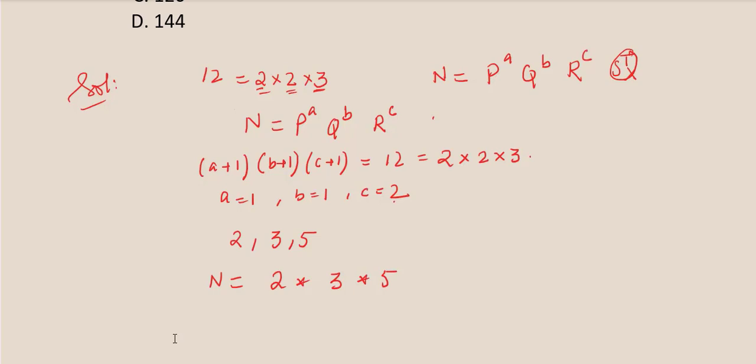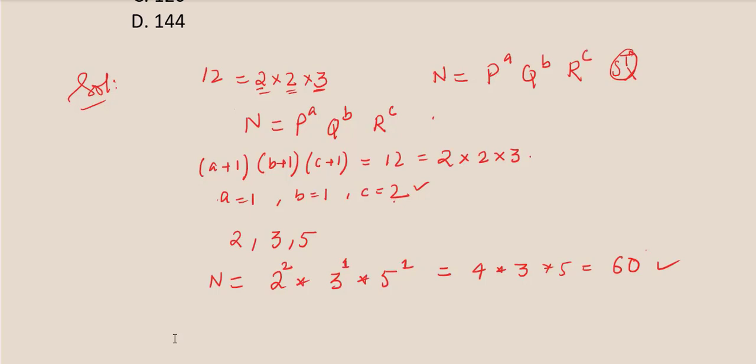So 2 should get the highest power, that is c equals 2, and for 3 and 5, a and b are equal, so we would write 1 and 1. From here we would get 2 squared, which is 4, multiplied by 3 multiplied by 5, and it's 60. So the smallest number which is possible is 60.